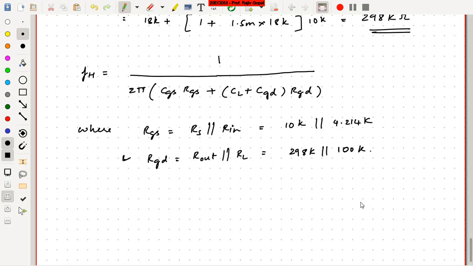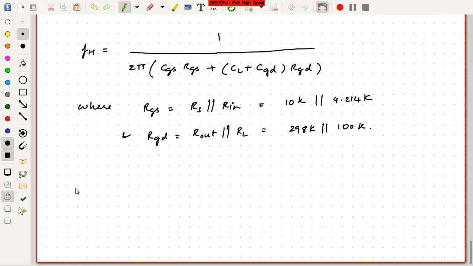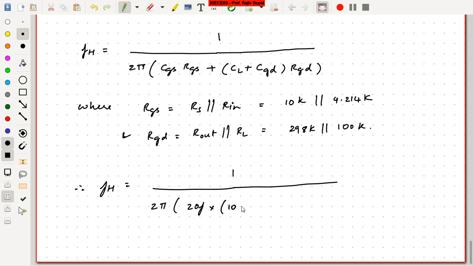Okay, so substitute all the values, you will get FH as 1 by 2 pi into CGS. CGS is 20 femto into 10k parallel 4.214 kilo.